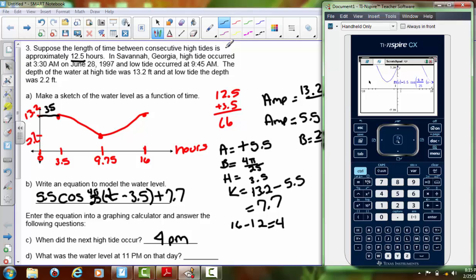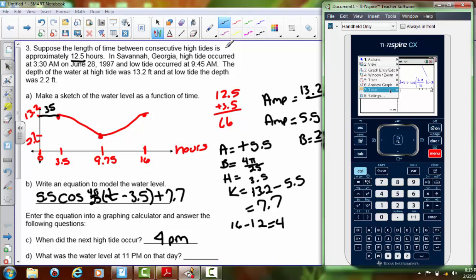What was the water level at 11 p.m. on that day? Now this might be worth our calculator time, because 11 p.m. is not on my graph, and I would have to do some extended work there. This graph goes to 10 o'clock. I could play with the window and go out further, or do some tracing, but what's probably easier is to call up a table.